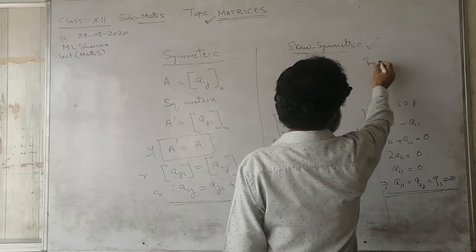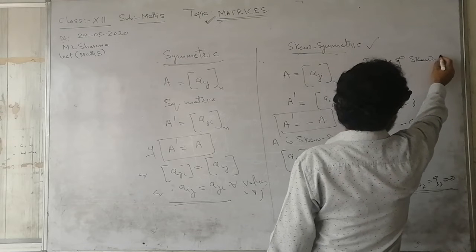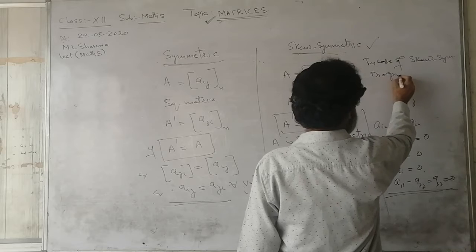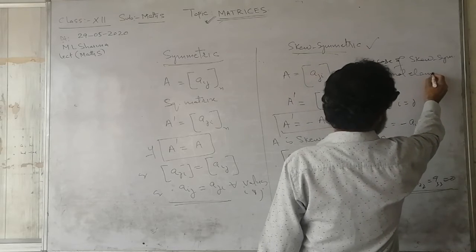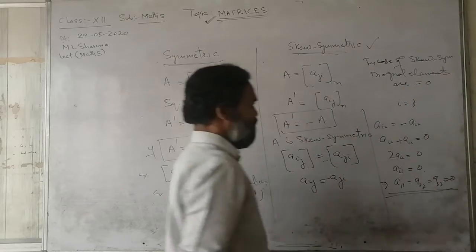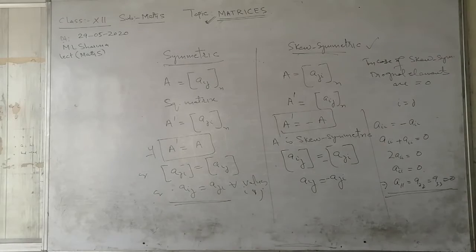So in case of skew symmetric, we have diagonal elements 0. This is the main difference between symmetric and skew symmetric.